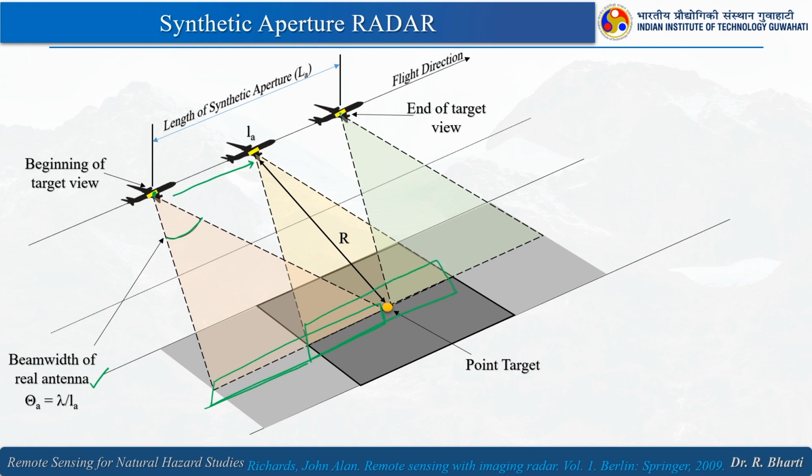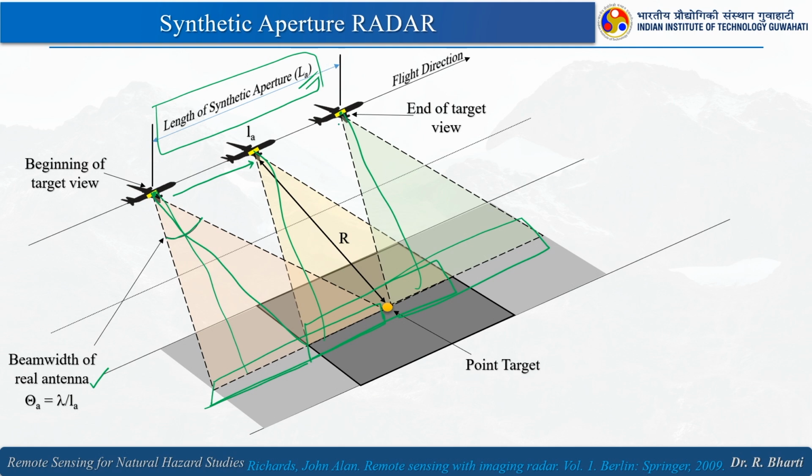Then when it reaches this, it measures this area. Here it is illuminating the target, but measurement is happening here, here, here, and this is called the length of the synthetic aperture. So, this LA is here and this is the flight direction.